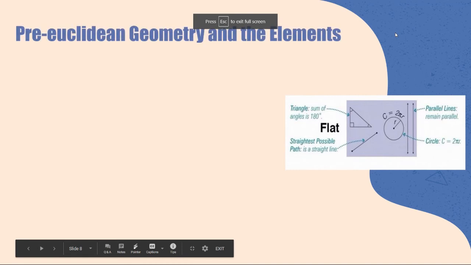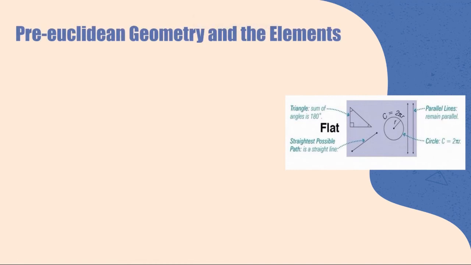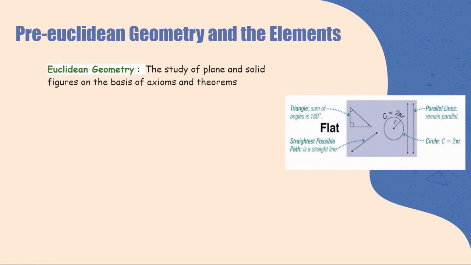Okay, now I will continue on pre-Euclidean geometry and the Elements. Now we see the definition of Euclidean geometry, which means the study of plane and solid figures on the basis of axioms and theorems. An axiom is a statement that is always true and does not have to be proved, while a theorem is a statement we know is true and has a proof.